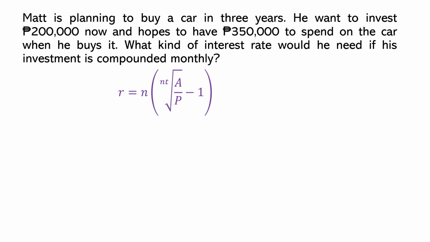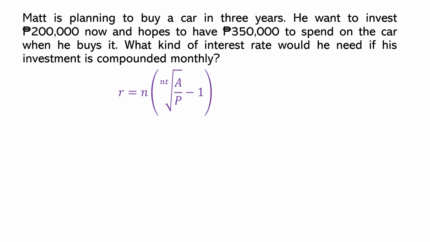So N times T root of A over P. What's the NT root? It's like square root if it's 2, cube root if it's 3, but since the number is NT, we don't know the name yet, we'll just call it NT root.